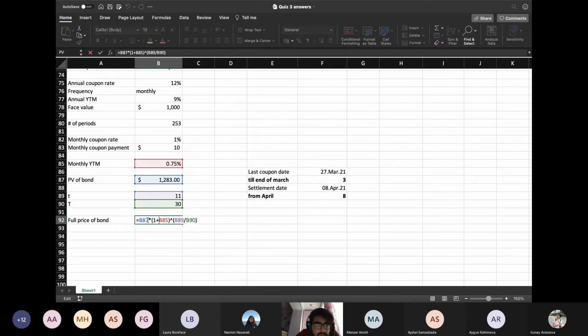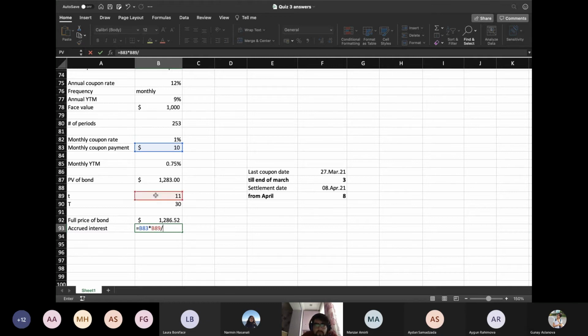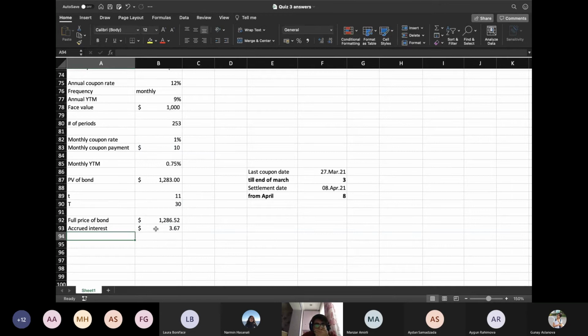Price of the bond times 1 plus monthly yield to the power of small t over big T. Accrued interest is monthly coupon payment multiplied by small t divided by big T, 67, and clean price of bond is subtracting accrued interest from full price.